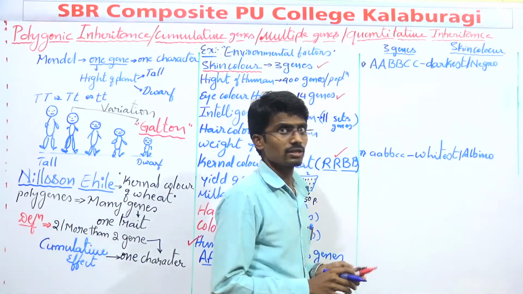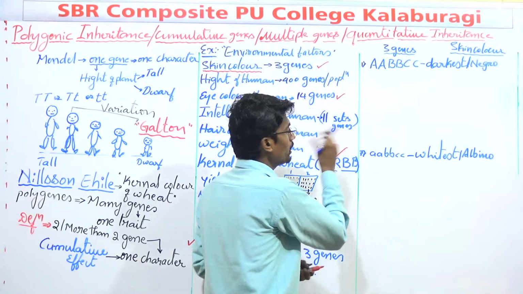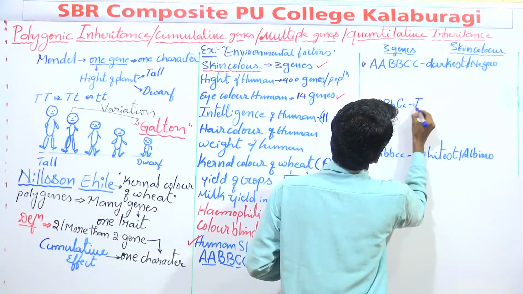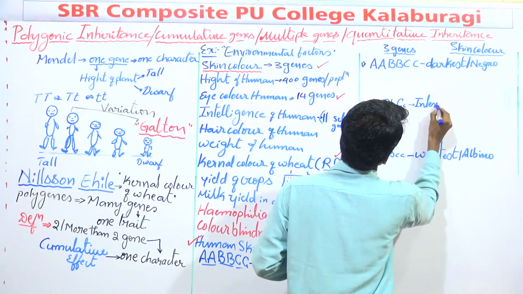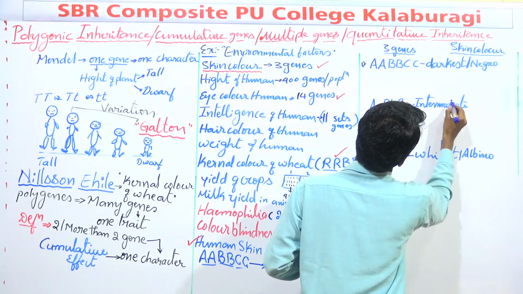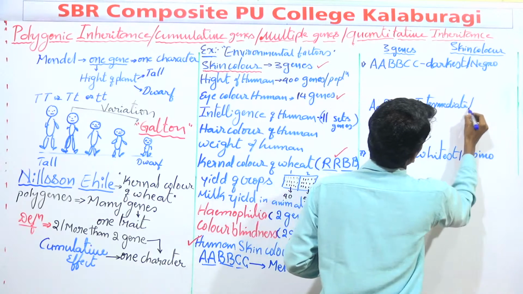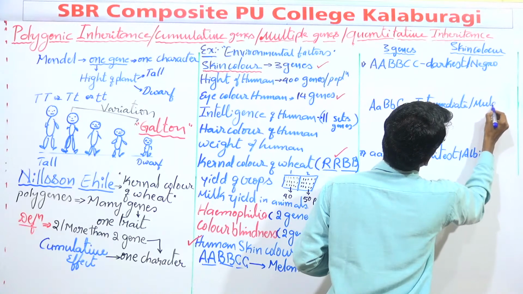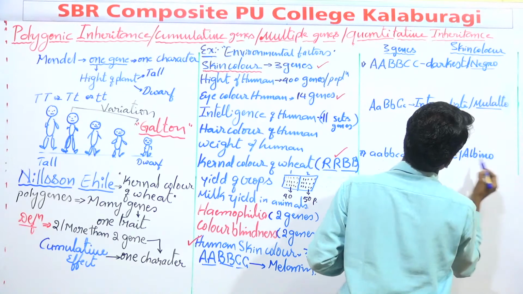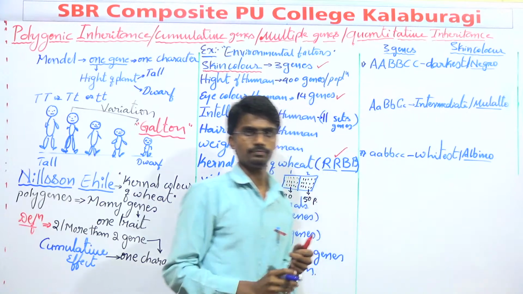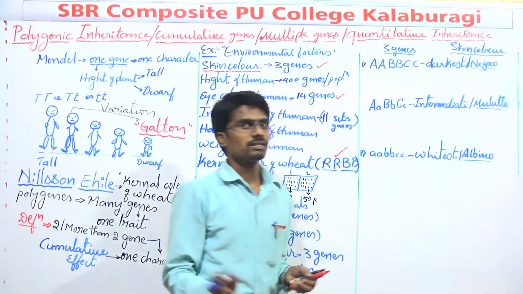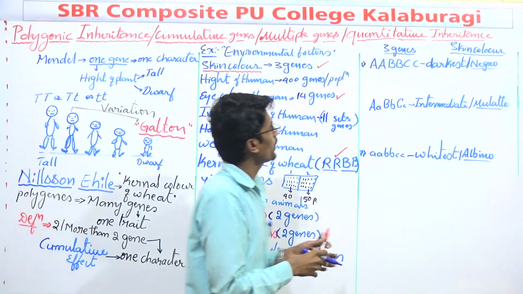And that's another condition. If any individuals have intermediate skin color, those are known as mulatto. This is just to compare.